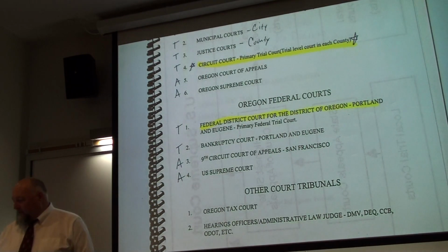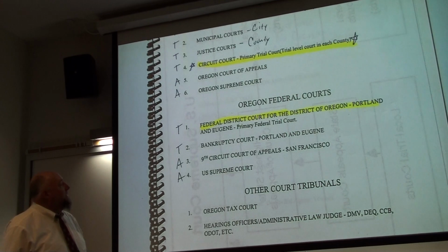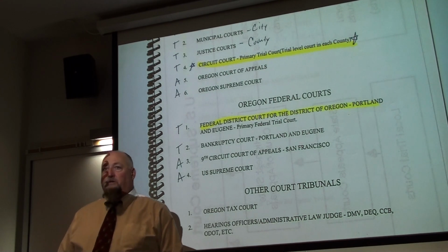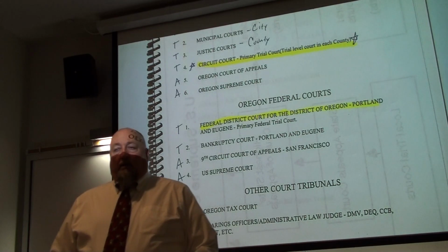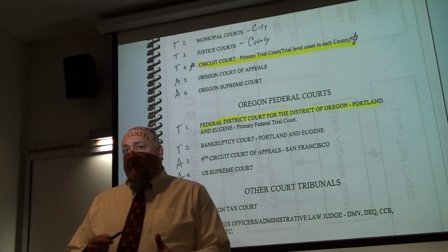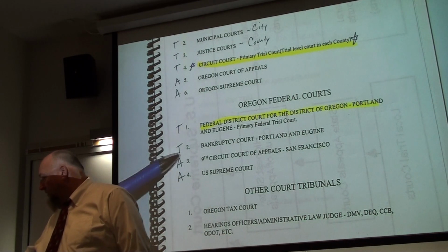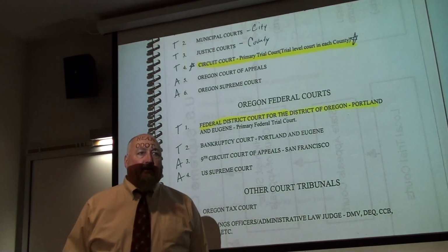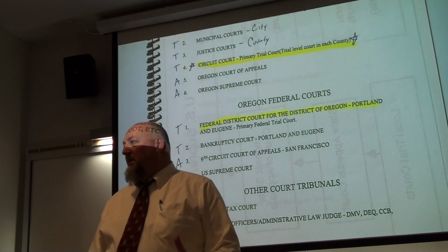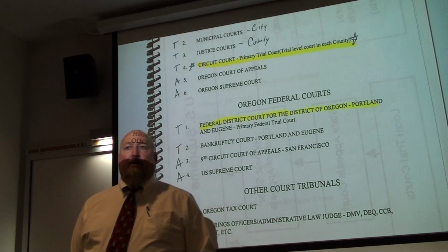Okay, the next court we have is the bankruptcy court. And again, bankruptcy is a court of exclusive jurisdiction. You can only file bankruptcy in a bankruptcy court where you live, which is a federal court. It is a trial court, so you do put on evidence. You have sort of an abbreviated trial. Most of that's done by electronic submission nowadays.